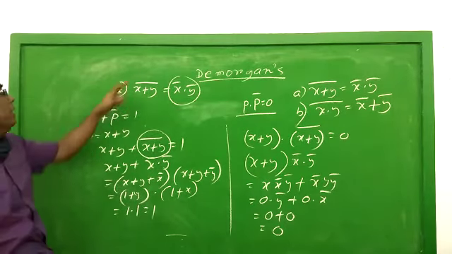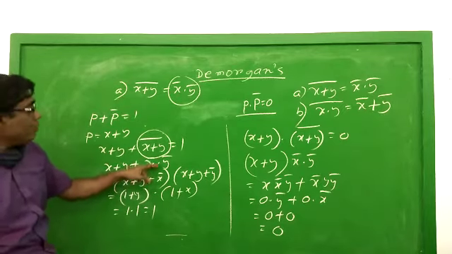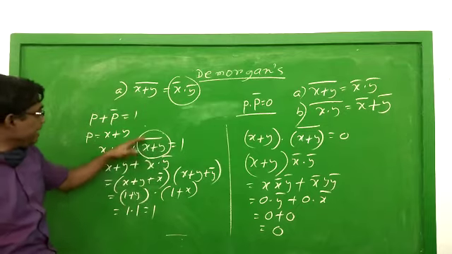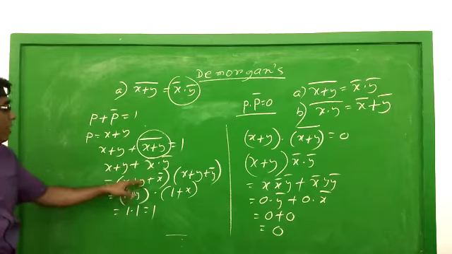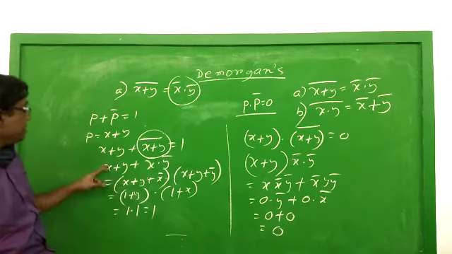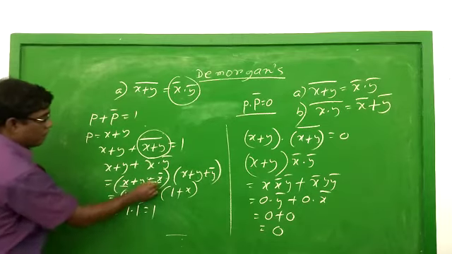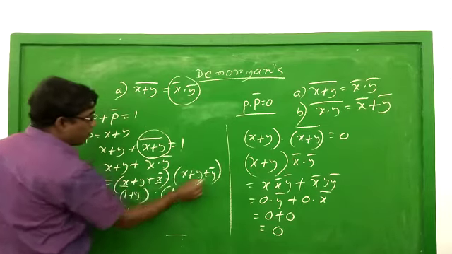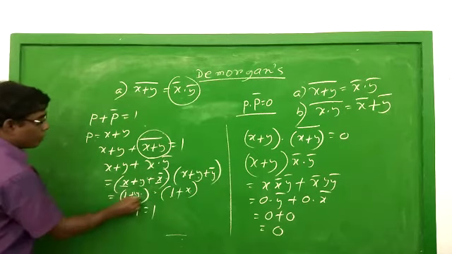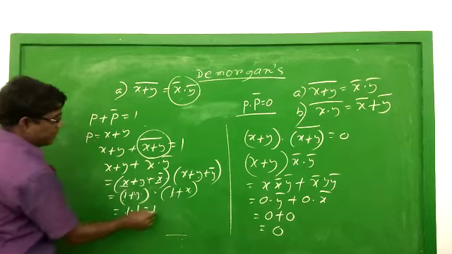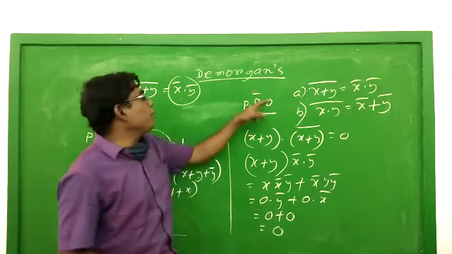Then we only have to prove this equal to this: x or y or x complement and y complement. Now this is the distributive law: x or y or x complement, and x or y or y complement. Now x or x complement is 1, y or y complement is 1. So 1 or y means 1, 1 or x means 1, 1 and 1 is 1. Proved.